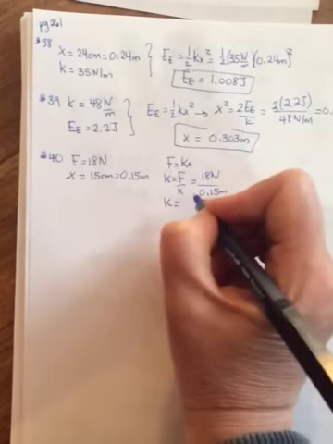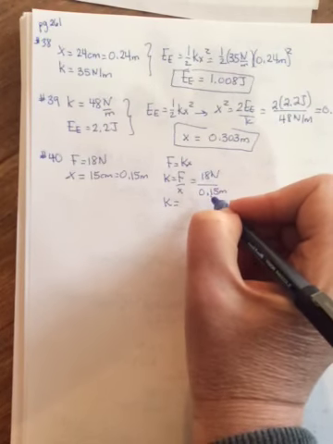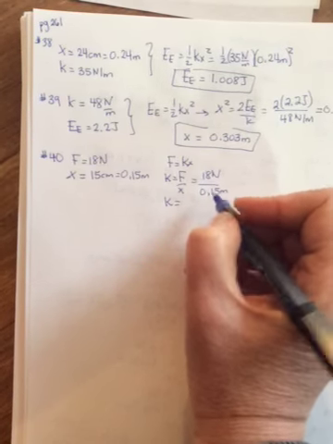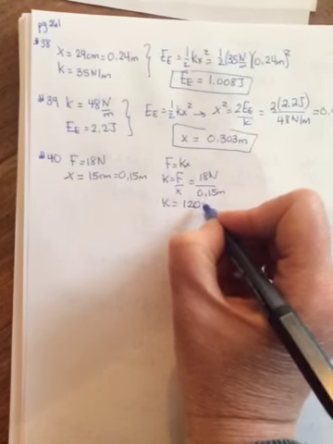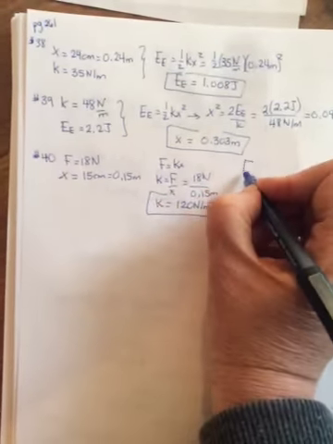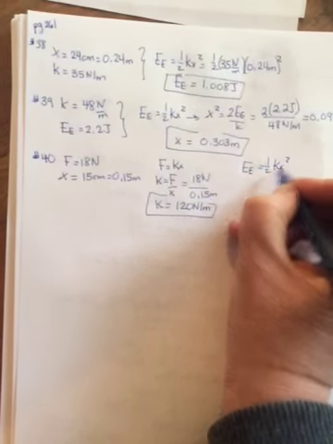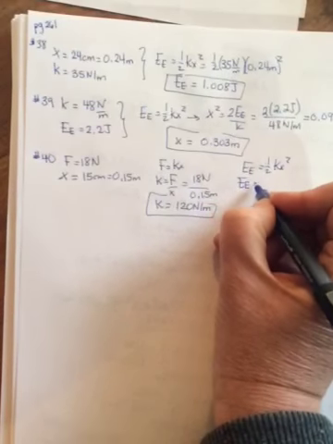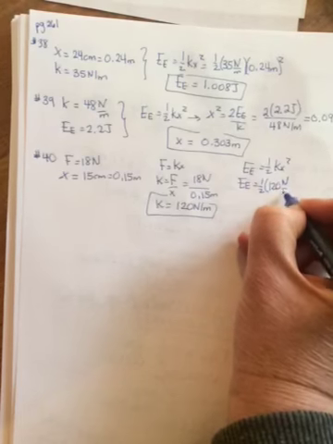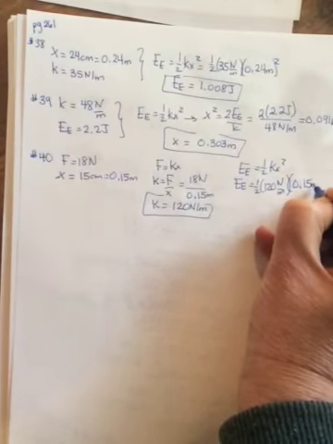And you end up getting a K of, 120, I think it is. If I do it right in my head, 120 newtons per meter. And then you go to EE is equal to 1/2 kx squared. So EE is equal to 1/2 the 120 newtons per meter times 0.15 squared.